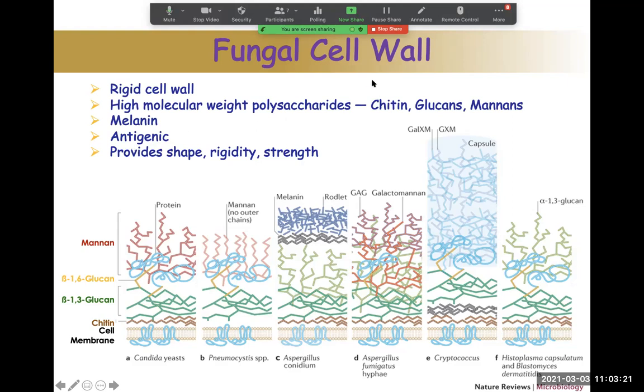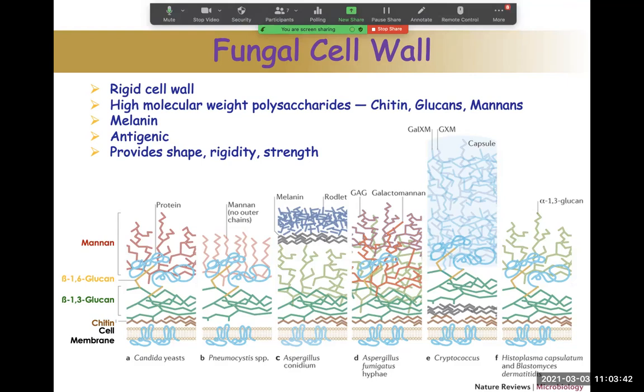They're very rigid. They have these polysaccharides: chitin, glucans, and mannans. If you remember, chitin is also found in insects, right? And they also produce melanin, and melanin is what makes the black fungi. When you have fungi on your bread, it turns black, and that's due to melanin production.